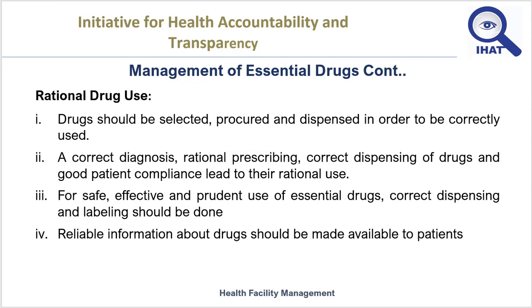For safe, effective, and prudent use of essential drugs, correct dispensing and labeling should be done. Reliable information about drugs should be made available to the patients. It is important for health facility managers to ensure that these guidelines are strictly adhered to so as to ensure rational drug use.